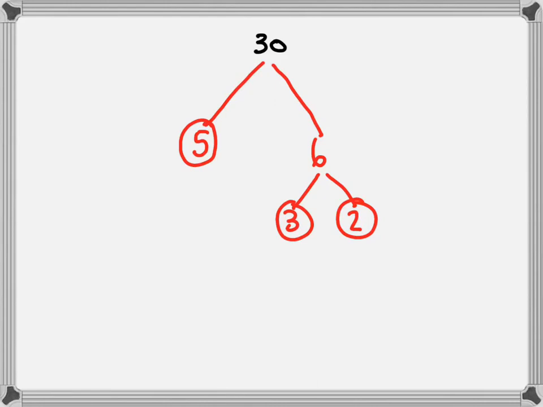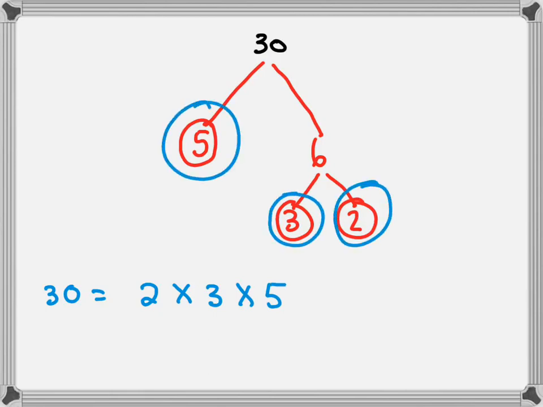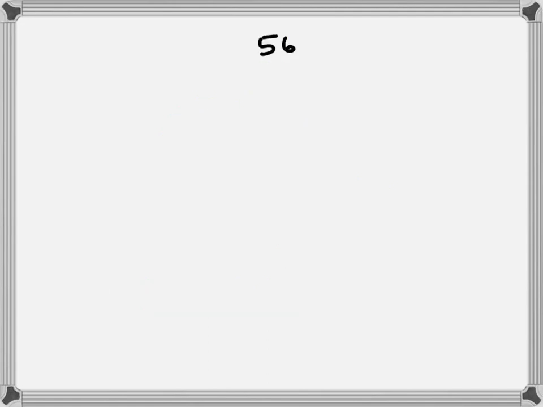Right, so let's list our prime factors of 30. The prime factors of 30 are 2 times 3 times 5. See how easy it is? I can't encourage you enough to know your times tables out of your head. You're going to need them for maths going forward.